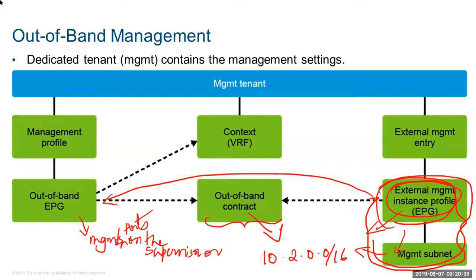That's fairly simple. If you statically configured it, go to tenant management, and then of course under management addresses, you can find static node addresses. I had that verified on Monday. You can verify it in the GUI. You can verify it via the command line.